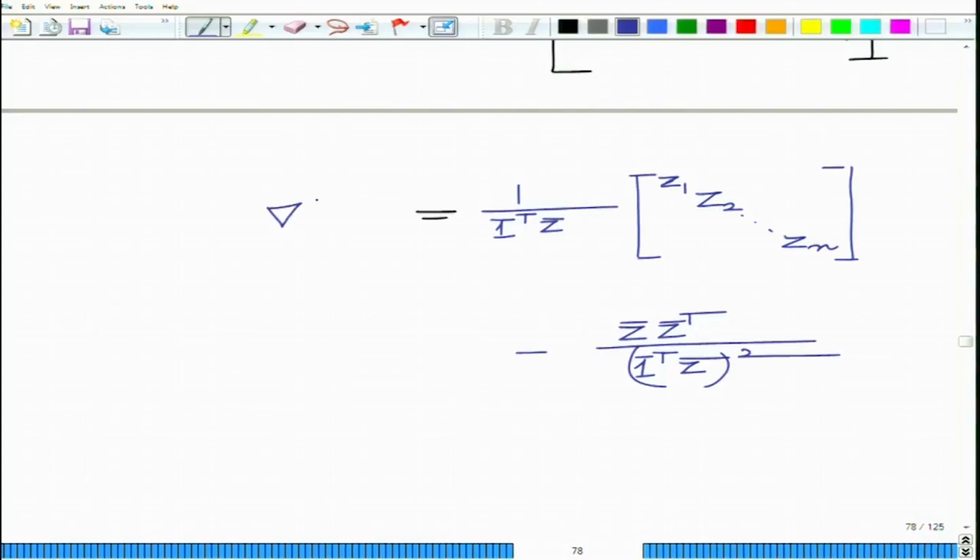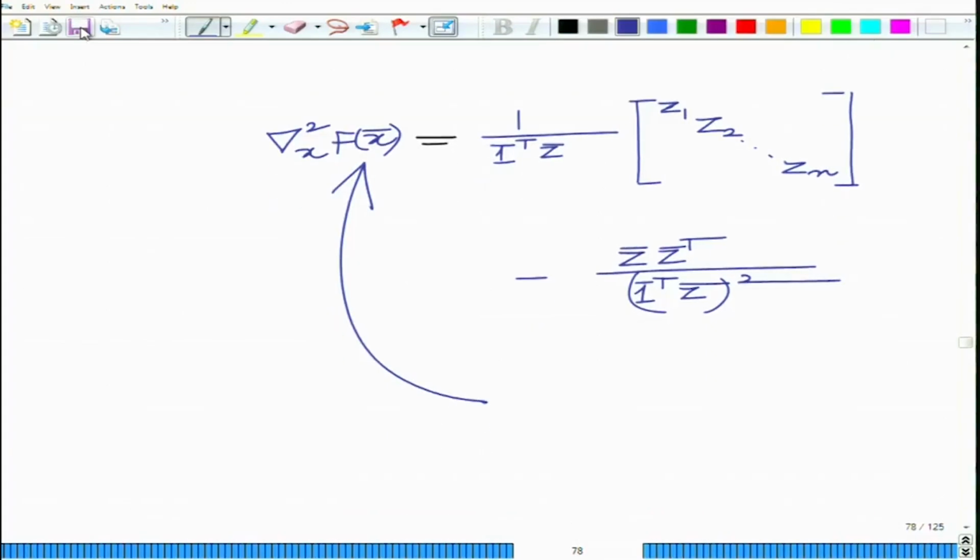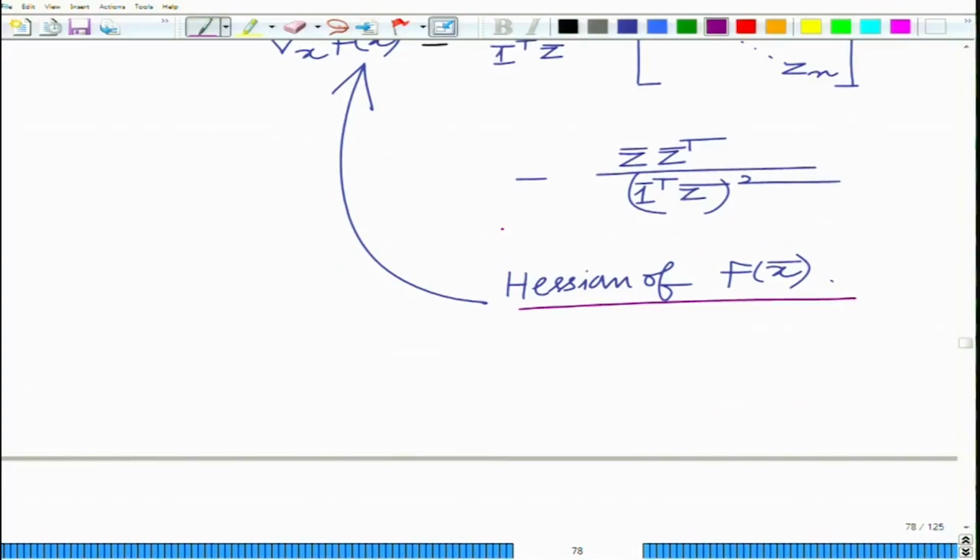So this is the Hessian of f of x bar. Now, we have to show that this is positive semi-definite.